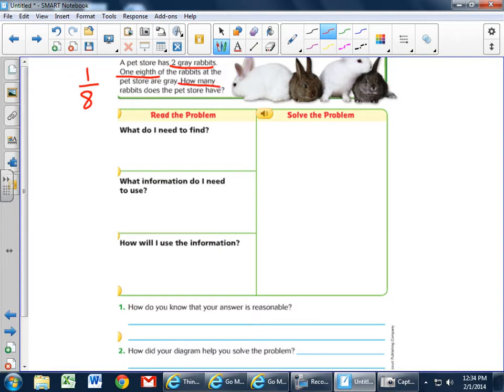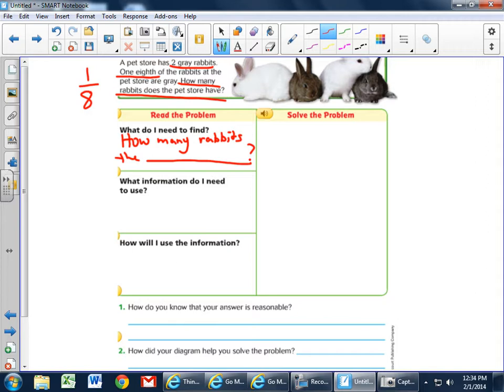So doing our question sentence. And go ahead and finish filling that out. Okay, what information do I need to use? The pet store has 2 gray rabbits, and 1/8 of all the rabbits are gray. That's the information we're going to use.